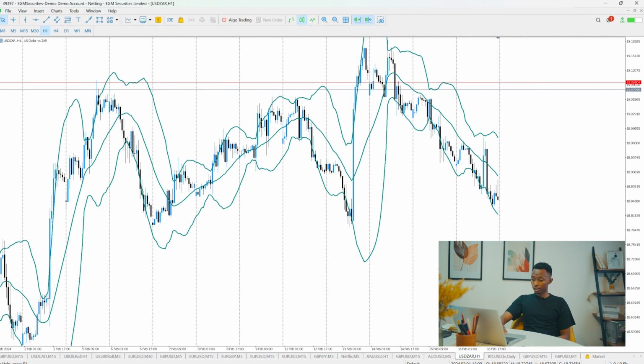Let's quickly go back to these notes. You can use the Bollinger Bands to tell you a number of things, based on the upper band and the lower band. These give you extreme prices for the market. The upper band is simply 2 standard deviations away from the middle band, and the lower band is 2 standard deviations away from the middle band.